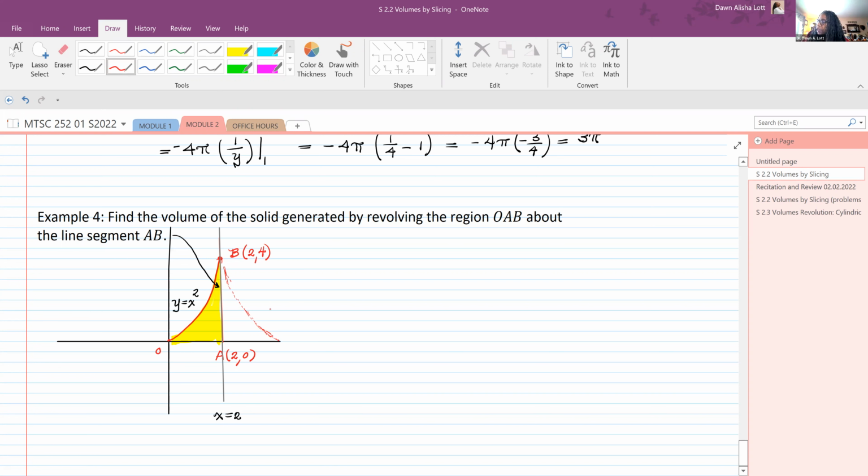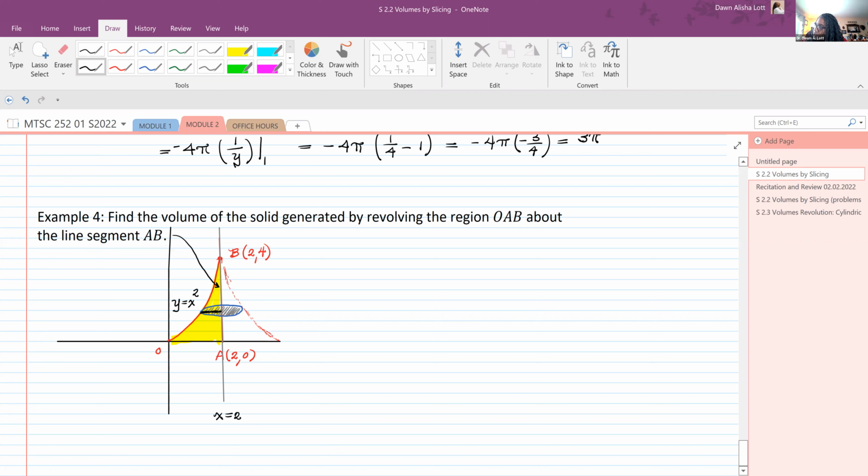Okay, so when we pick a point and revolve this thing, we get something that looks like that. So now you can see our disk. All right, so here's my disk, and that disk has a radius. Here's the radius of the disk.